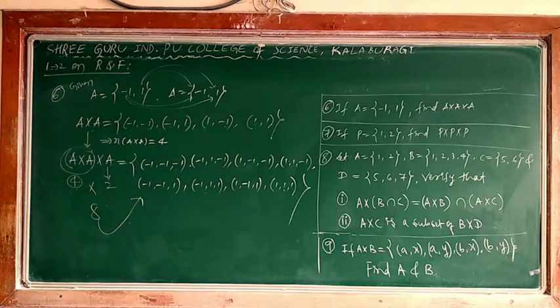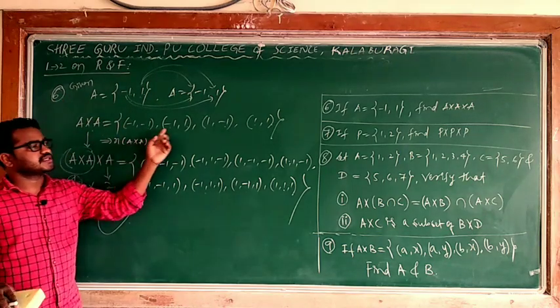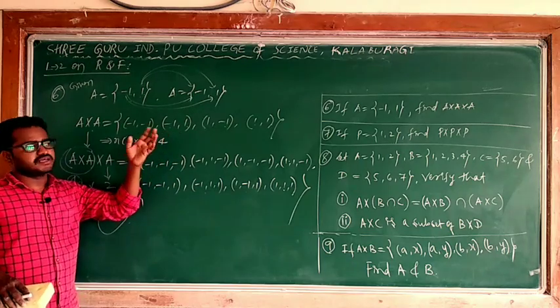Copy this. Is it clear? After finding A cross A, you will get some ordered pairs.